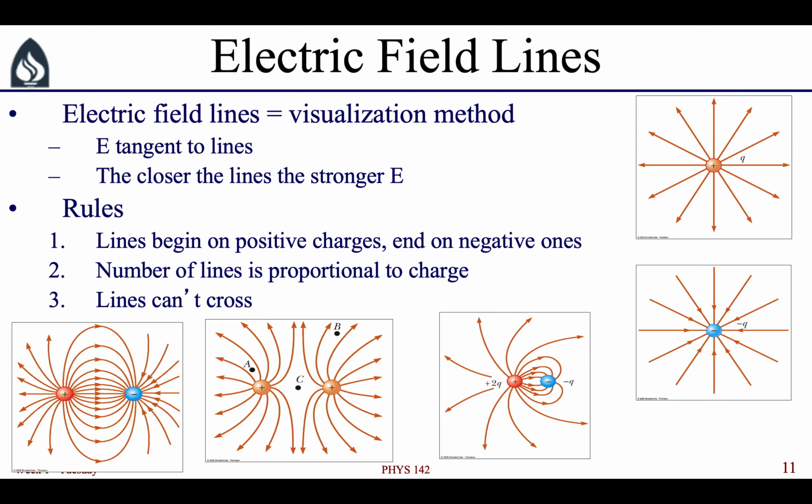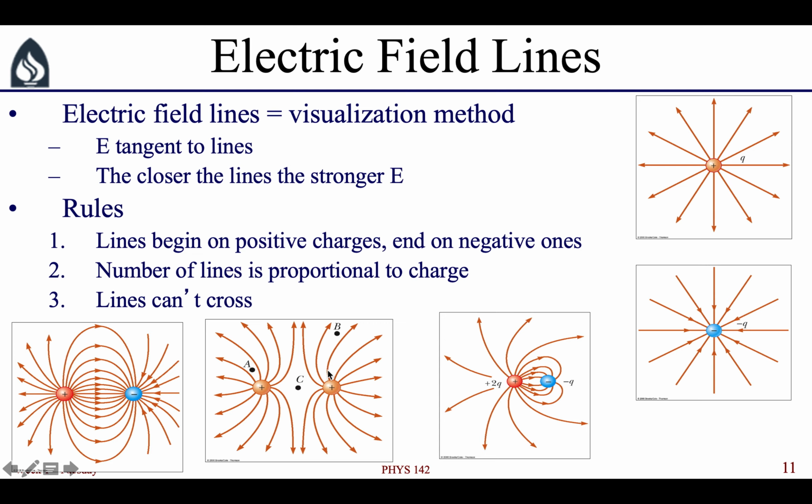With this visualization method, the electric field ends up being tangent to the lines. So if you have a collection of charges and you have these electric field lines, you can look at any point near these lines, and if you want to know the electric field at this point, it would be a vector that is tangent to the line.